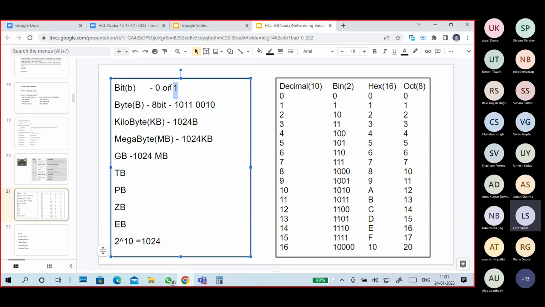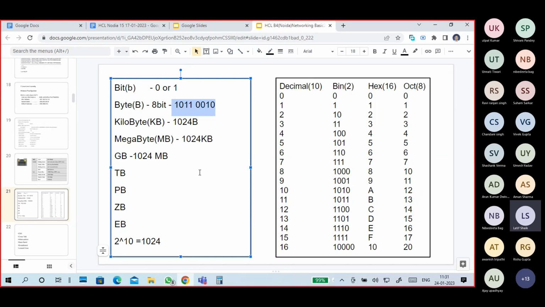1 bit means 0 or 1. Either it is 0 or 1, we call it a single bit. When you have 8 bits, that is called a byte. 1024 bytes means kilo.